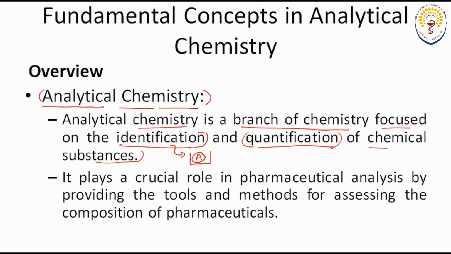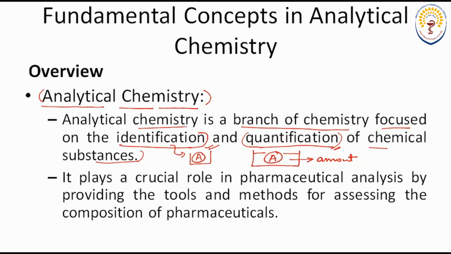Now in quantification, we already know that A is present in the sample, but we try to calculate the amount of A in the sample. So this is known as quantification. So analytical chemistry deals with identification or quantification. Quantification is also known as estimation.